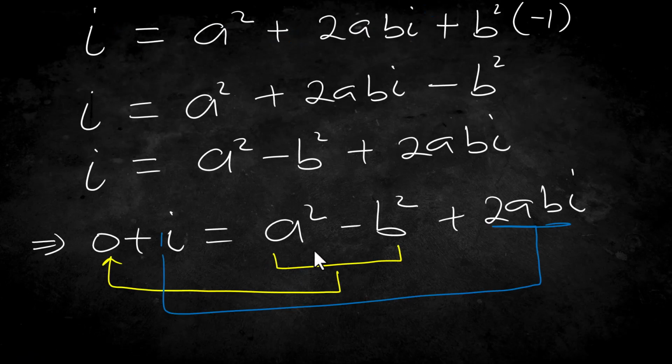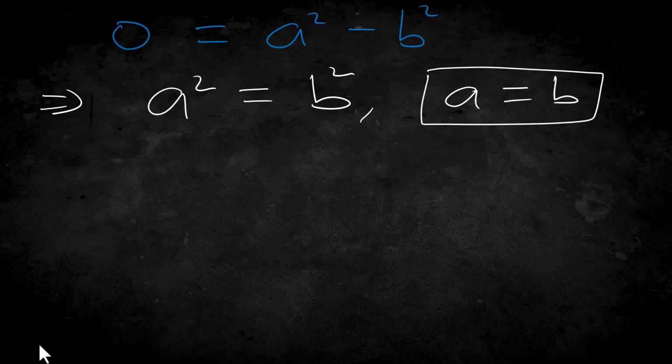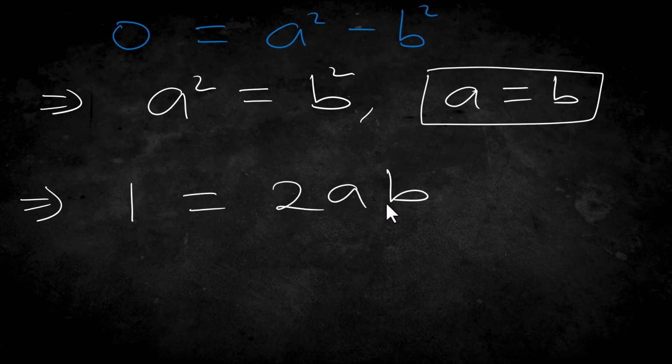Now let's look at the next one, the complex part. That will be 2ab against 1 here. So the next equation will be 1 equals 2ab. Now remember we are after a and b.